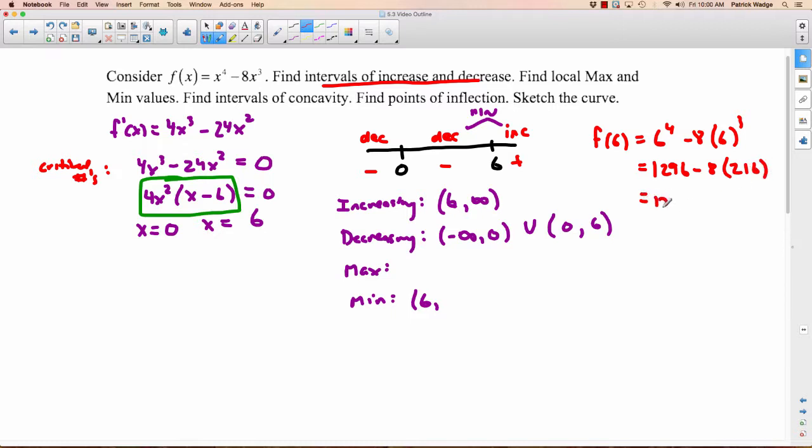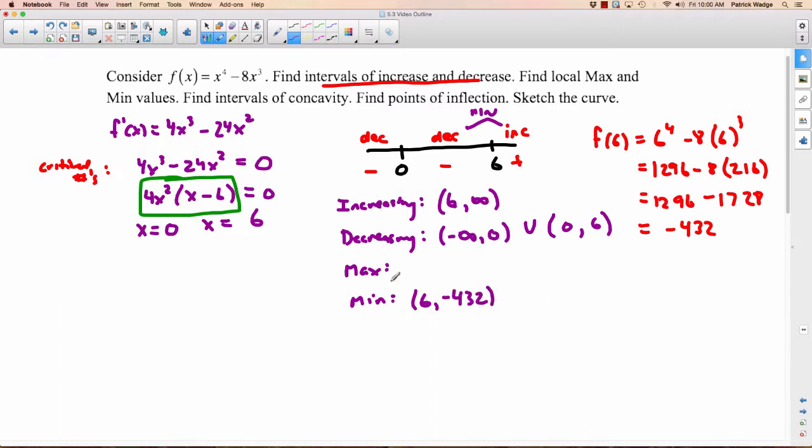So you get 1,296 minus 1,728, and if you subtract that, you end up with negative 432. So our minimum value, it's going to be interesting to graph this, is at 6 comma negative 432.